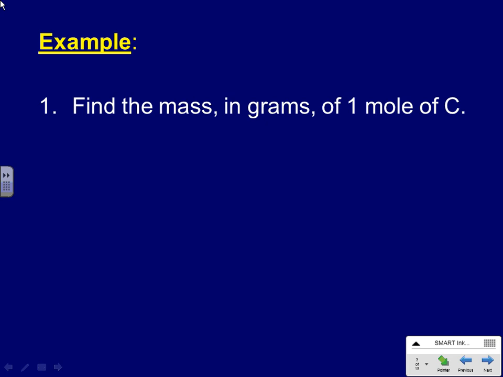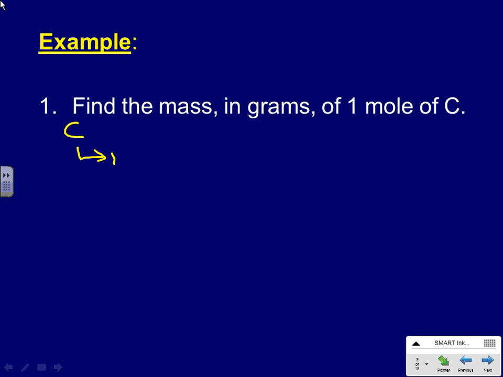So in my example, I'm asking you to find the mass in grams of 1 mole of carbon. Now, the way we can do that is we need to get some information together. We need to get some conversion factors together. We know that carbon has a particular mass. What's the mass of carbon? Yeah, Chelsea? 12.